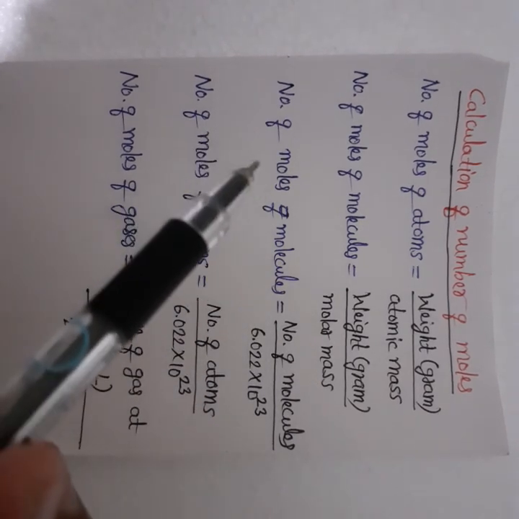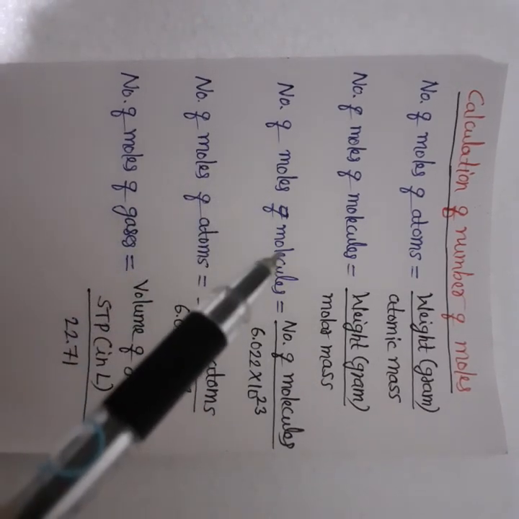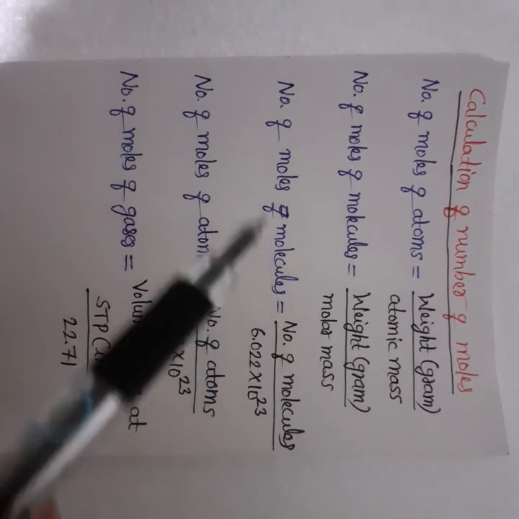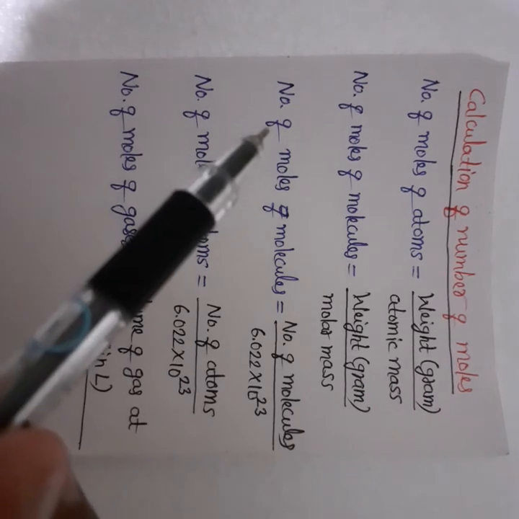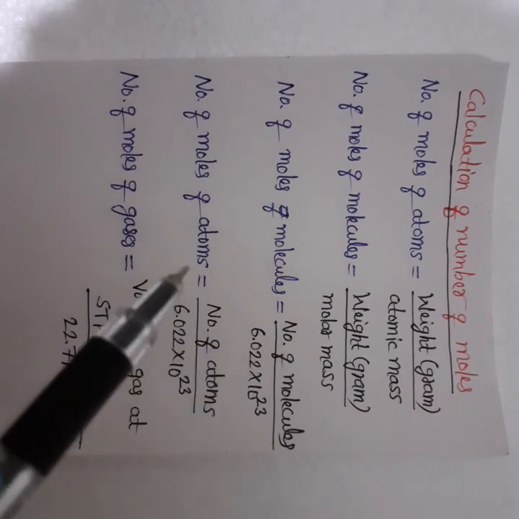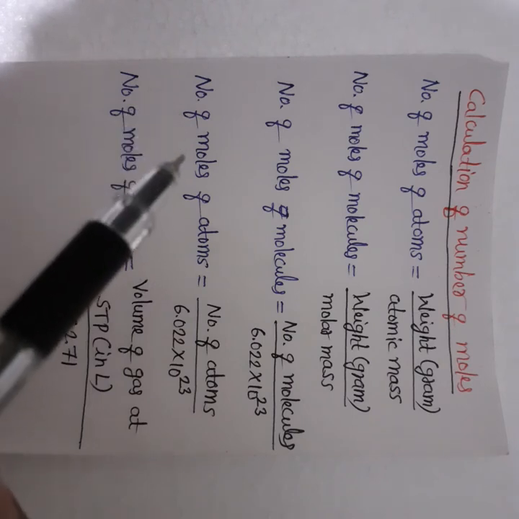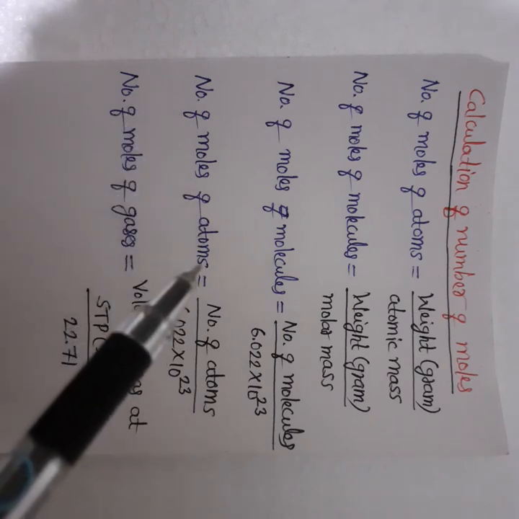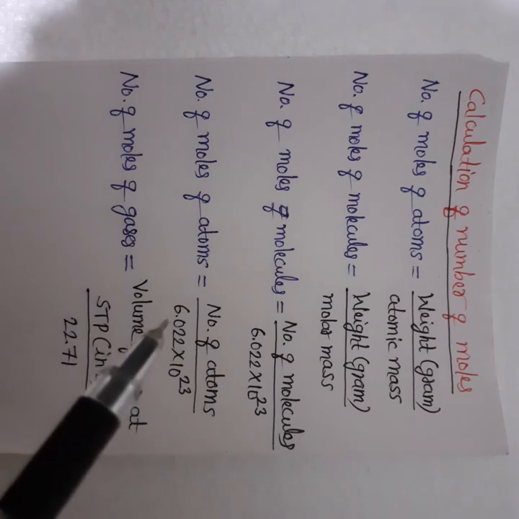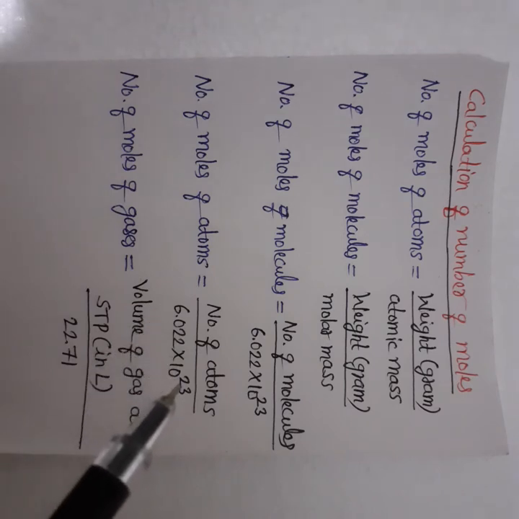To calculate the number of moles of molecules, this formula is used: number of moles of molecules is equal to number of molecules divided by Avogadro number. Number of moles of atoms is equal to number of atoms divided by 6.022 into 10 to the power 23.